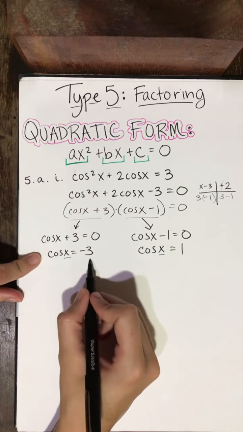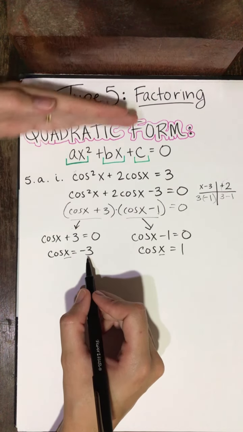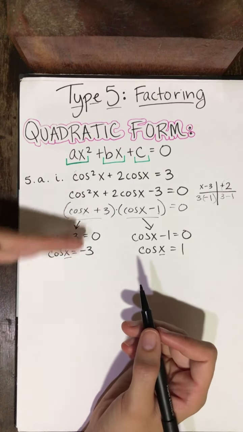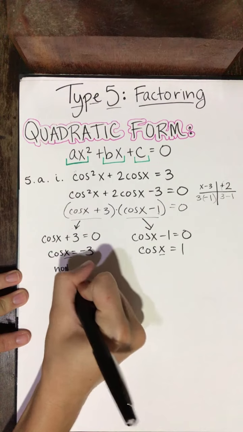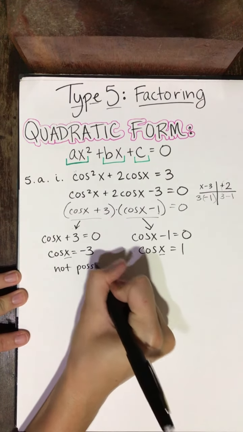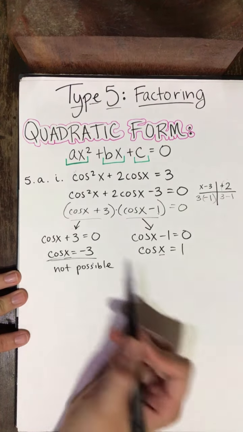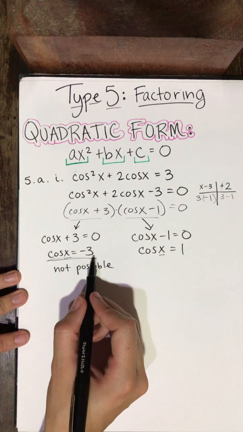So it is impossible for cosine to be equal to anything beyond positive 1 or beyond negative 1. And negative 3 is beyond negative 1. It's farther than negative 1. So we're going to have that this is not possible. And sometimes that happens, and it's okay. So this one gives us no solution. It's invalid. There's no x value that I could plug in here that would give me negative 3.